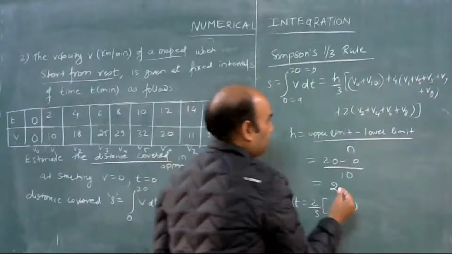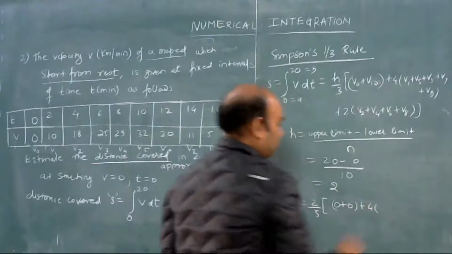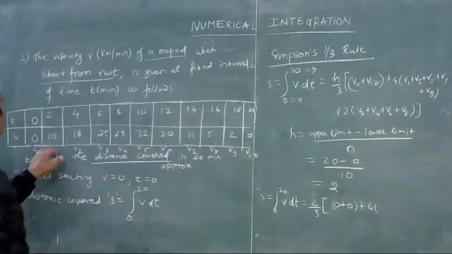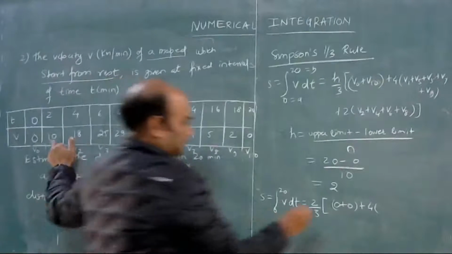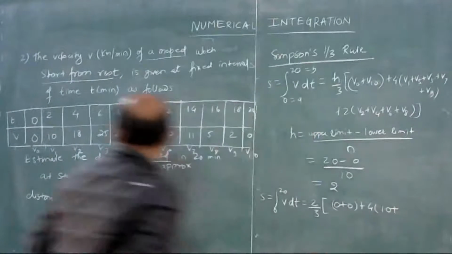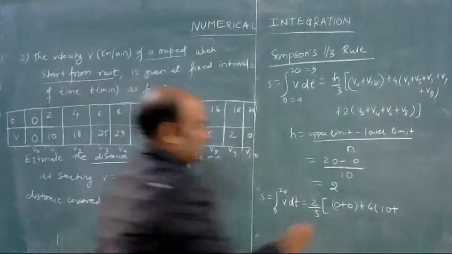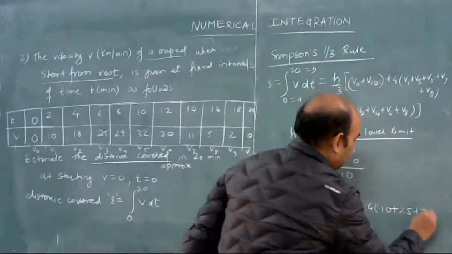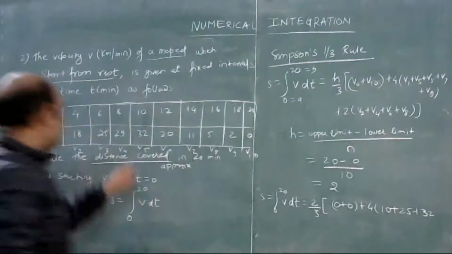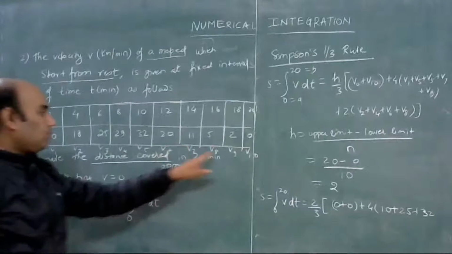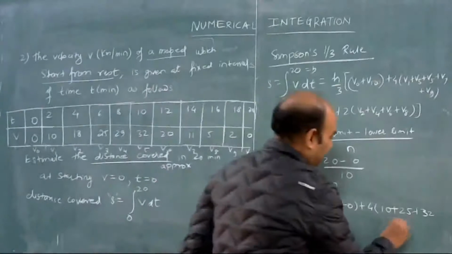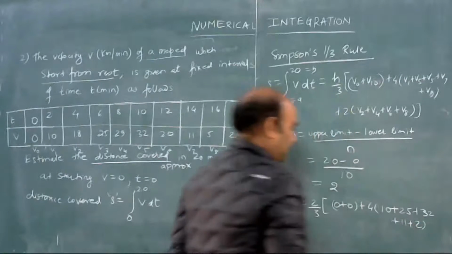Then plus 4 times the odd terms: v1 is 10, v3 is 25, v5 is 32, v7 is 11 and v9 is 2.